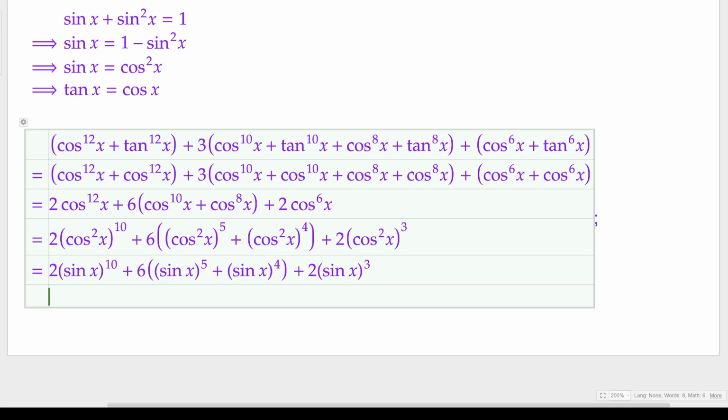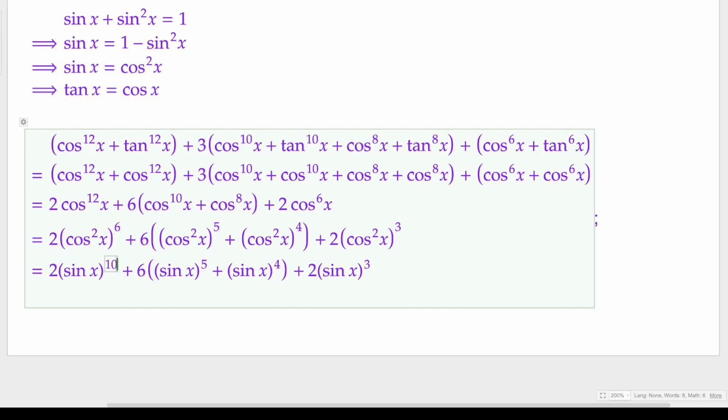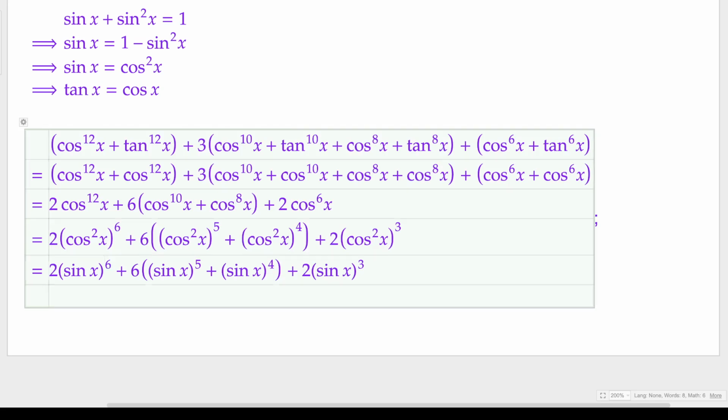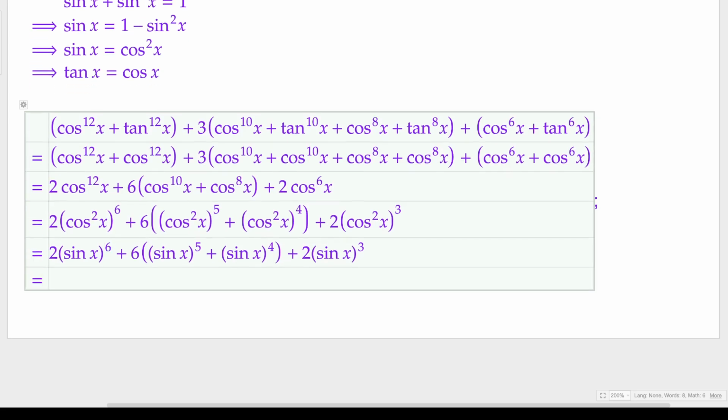So here this power 10 is written wrong actually, because if this is 12, this will be 6 actually. Okay, so let me just correct it. Definitely in the comments someone will point me out at a later point of time, but anyways, I've corrected it here, right? Now in this part I can take 2 as the common factor.